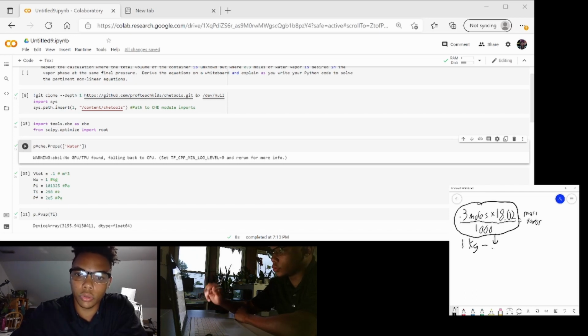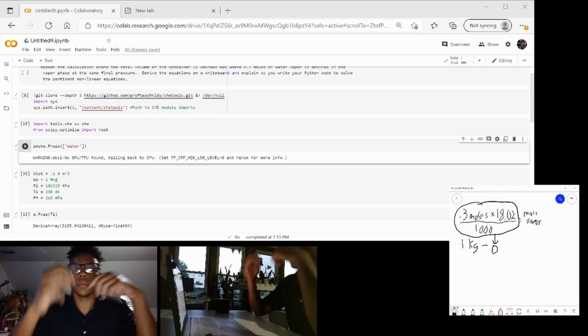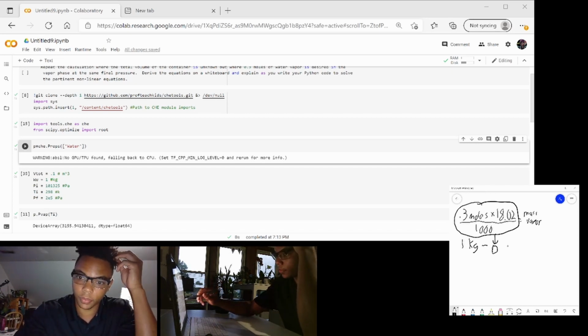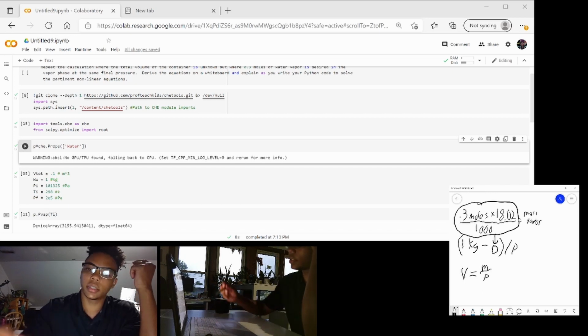And then we're going to just label this right now as D. And then our vapor pressure of water, the D desired that we're going to take away, is then going to be divided by our density of water. That is because volume is equal to mass over density.